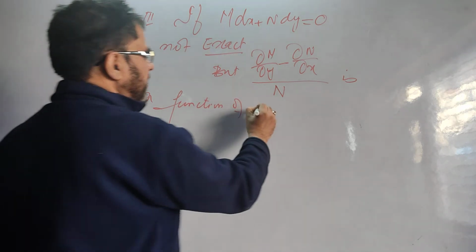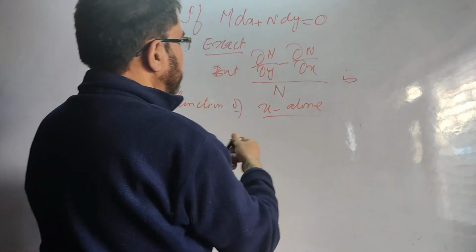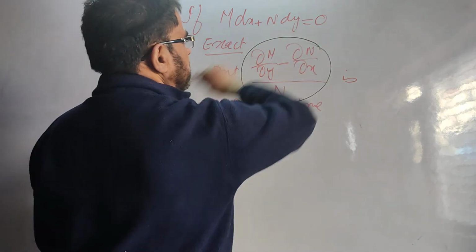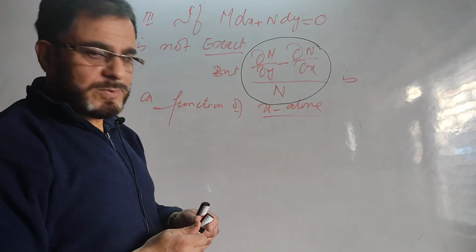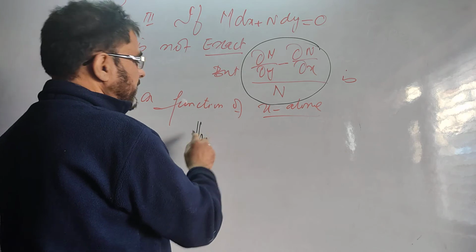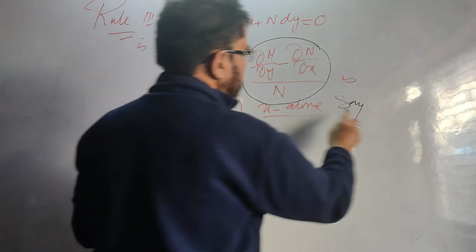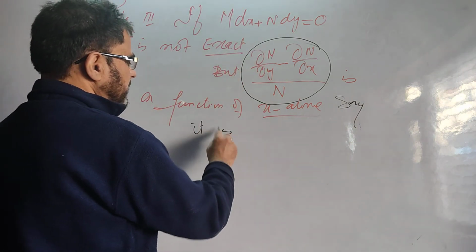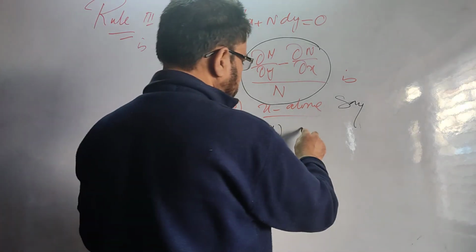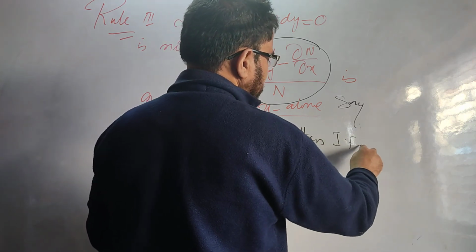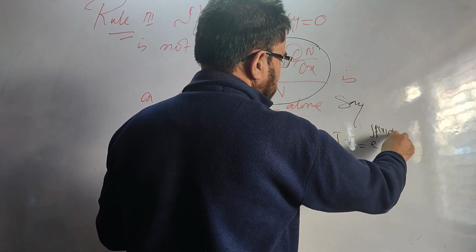If it is a function of x alone, when you simplify this factor, del M by del y minus del N by del x by N is a function of x alone, say it is some function f of x, then your integrating factor will be e raised to power integral of f of x dx.